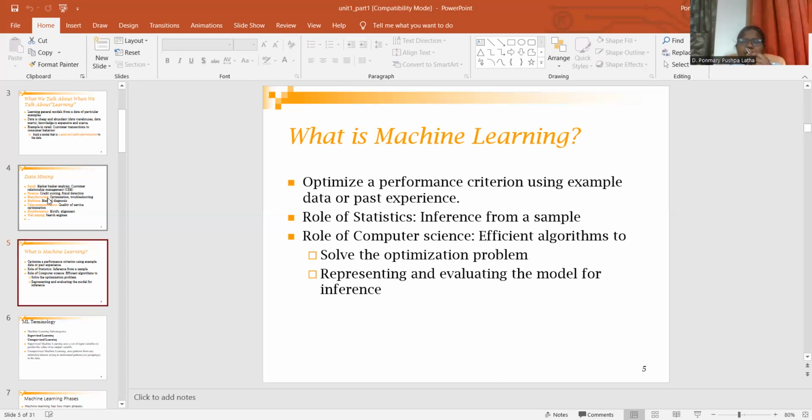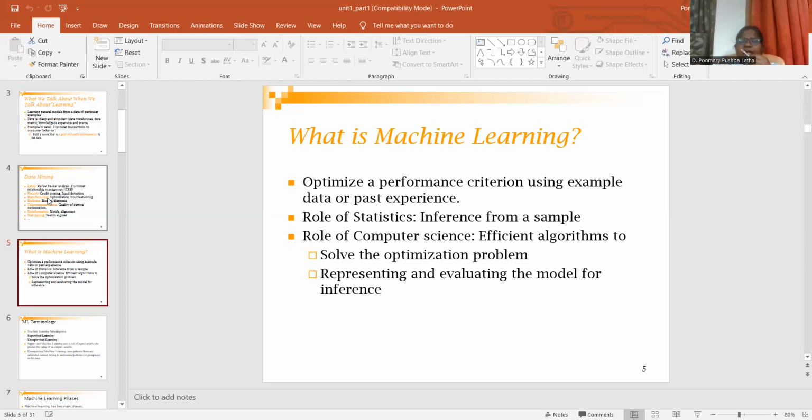It also has a role of computer science: you can use efficient algorithms to solve the optimization problem, and represent and evaluate the model for inference.